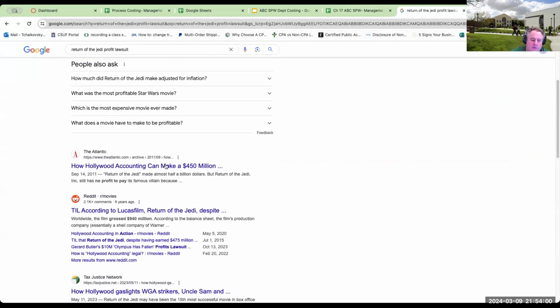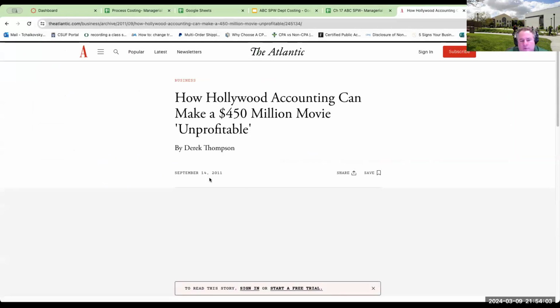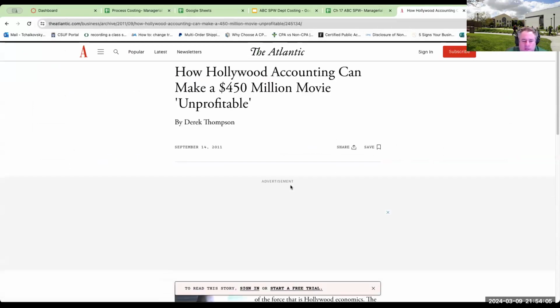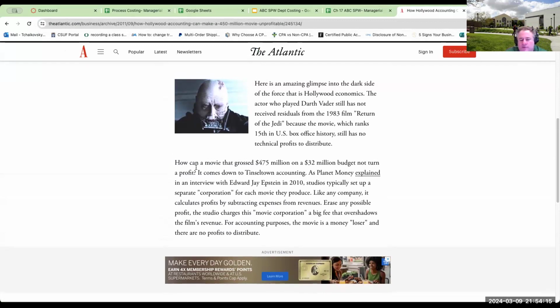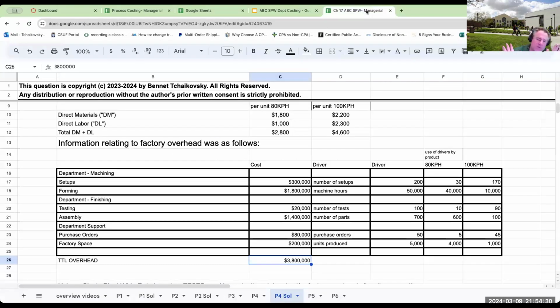The reason why this is really important to think about is that this is an article, and I probably have shared this before, but the question becomes: how can a movie that grossed 475 million on a $32 million budget not turn a profit? When you sit down and think about it, the way Hollywood does things is very different.